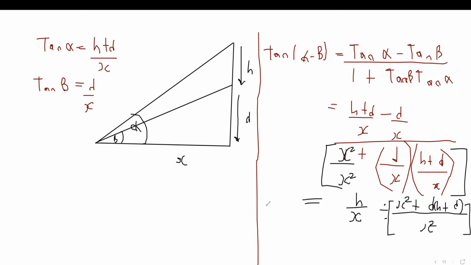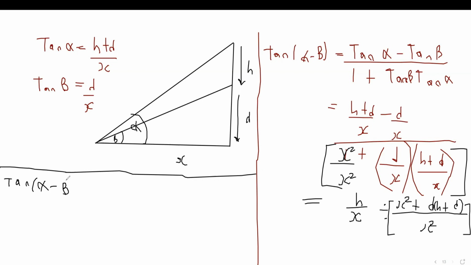So now this is the tan of alpha minus beta. Let's finish it off right here. The h plus d is in brackets, right? Yes, h plus d is in the brackets. So now this is just going to become the tan of, in bracket, alpha minus beta.